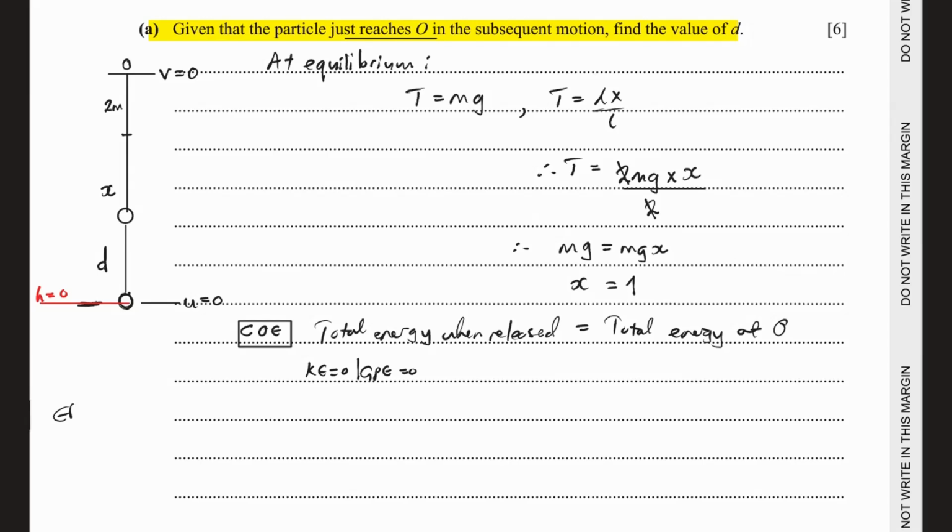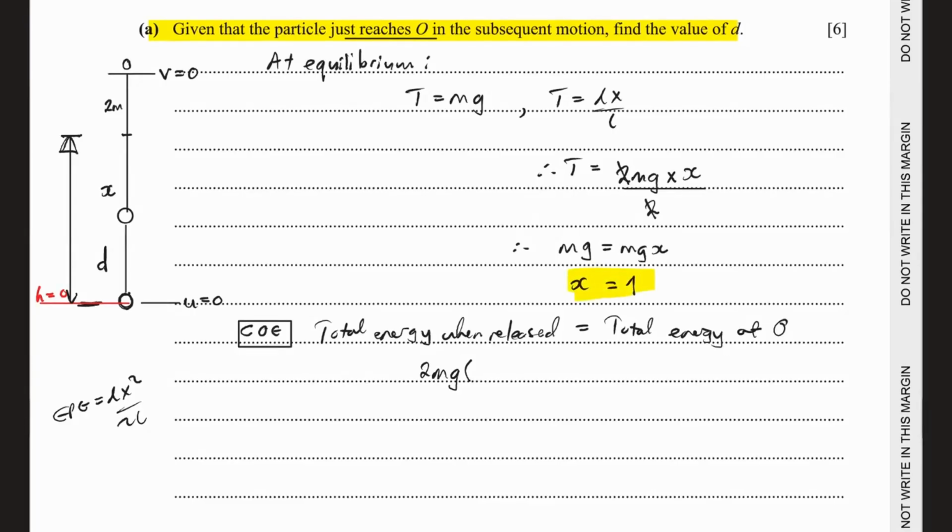Remember, elastic potential energy is lambda x squared over 2L. So lambda is 2mg. These are zeros. So 2mg, x is the extension. The extension is x plus d. This is the extension from when it is released. So it's basically x plus d, but we got x to be 1 here, right?